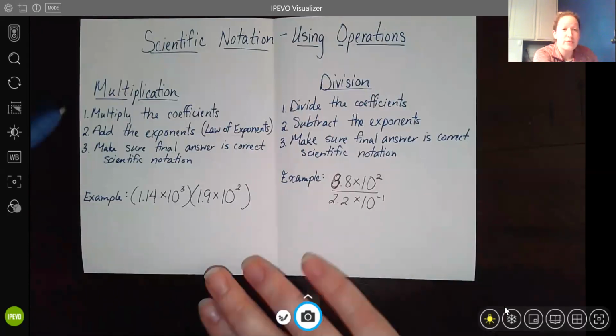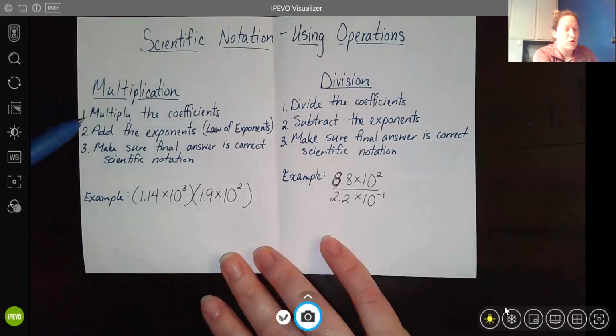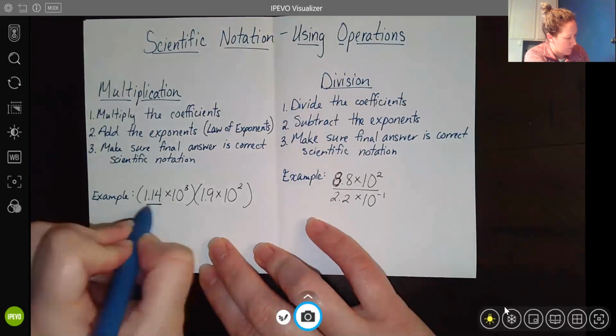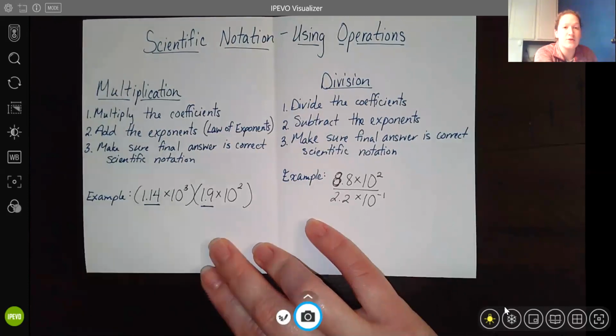So when I multiply numbers that are written in scientific notation, the first thing I need to do is multiply the coefficients. When I'm talking about a coefficient, I'm talking about these numbers in front of the multiplication symbol, okay?